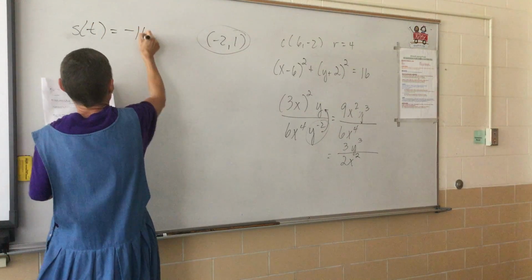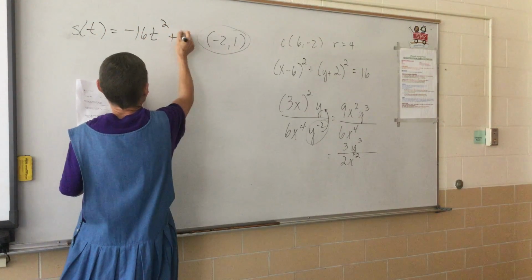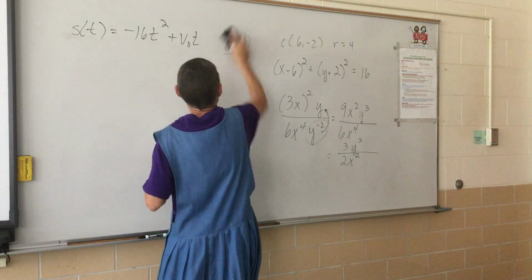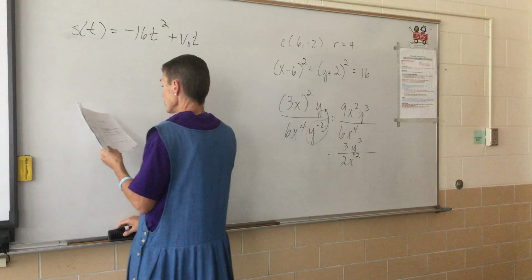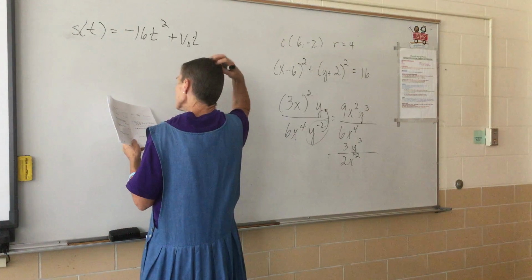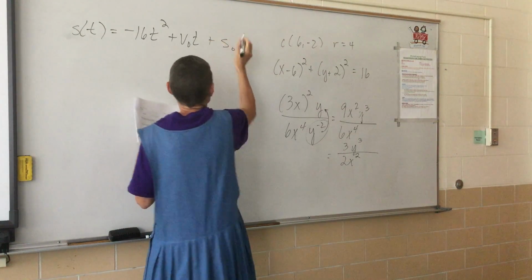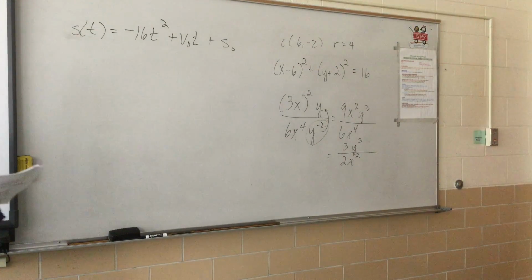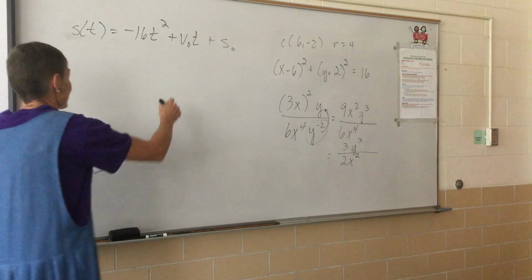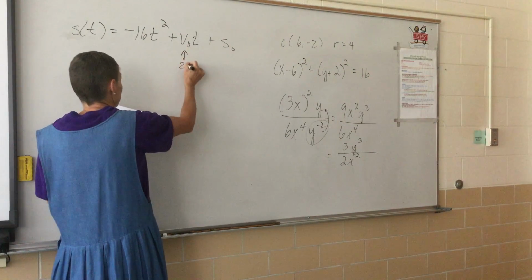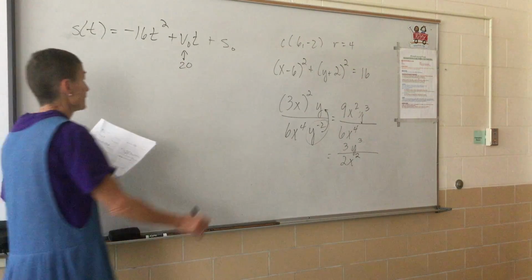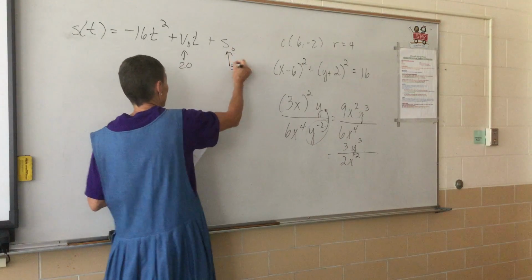Now we've got our projectile motion problem. So here's the general formula. I promised you I would give it to you. A ball is thrown with an initial velocity of 20 feet per second from the top of a building 30 feet tall.